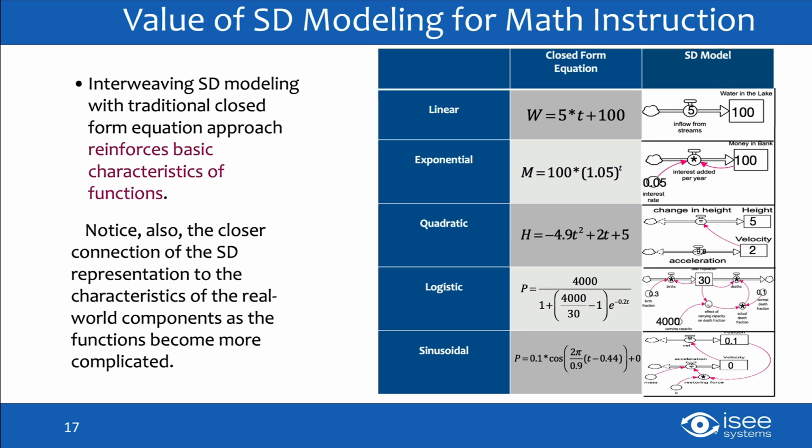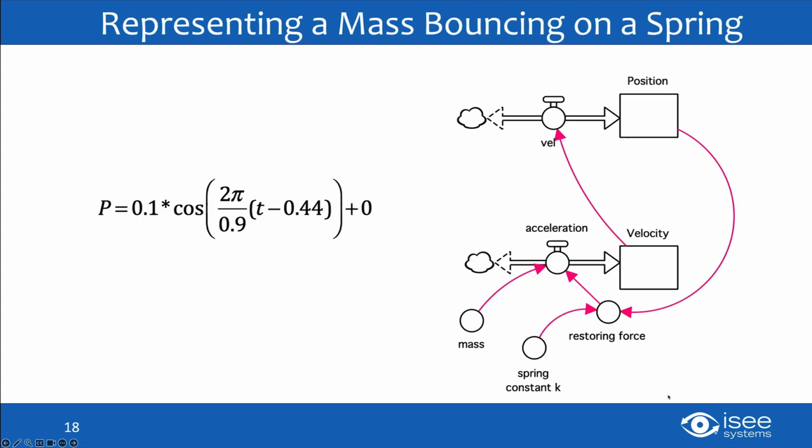And moving between the equation and diagram representation when dealing only with a single function reinforces the meaning of the parameters and variables in the equations. Notice also that the diagrams tend to connect more closely with the real-world counterparts that we are trying to capture.